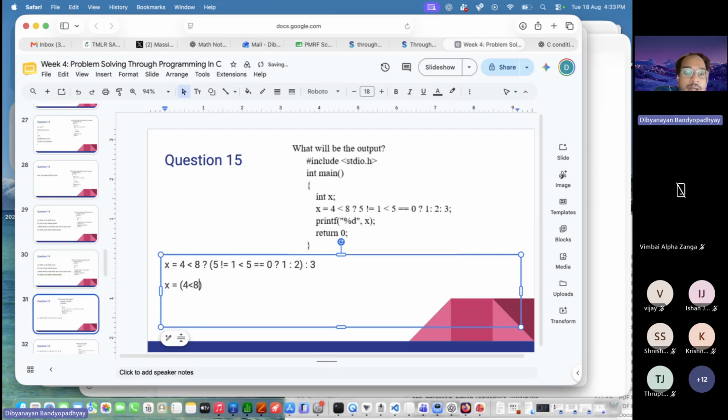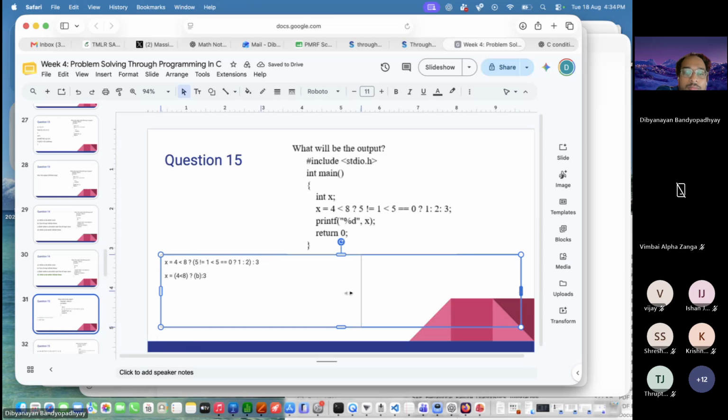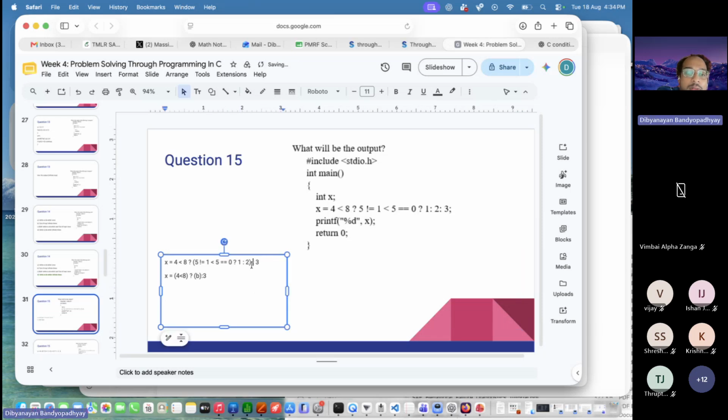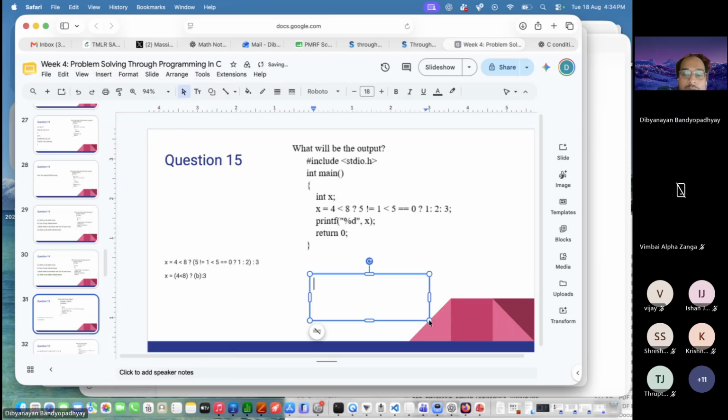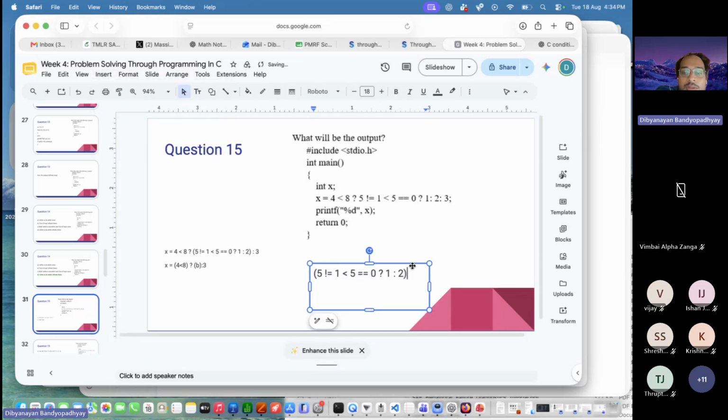So 4 less than 8, this is the right hand side of this ternary operator that will be evaluated first, and then we'll group it separately. So whatever is this, we'll write it B. Okay, then 3. So let's evaluate this part first now, this part separately. So text box, and then this is the part that needs evaluation.